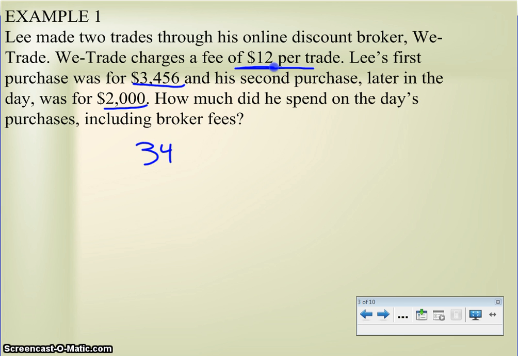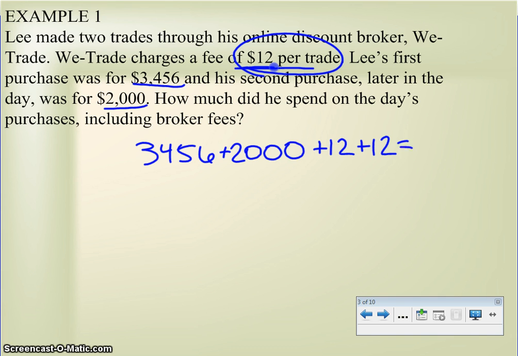Well, he spent $34.56 plus the $2,000. He had 2 different transactions, and it's $12 per trade, so it's plus 12 plus 12. When I add all of those together, I get $5,480 was his total cost for the day.